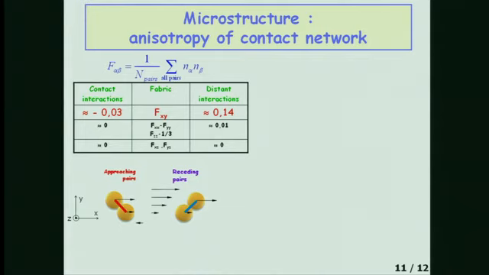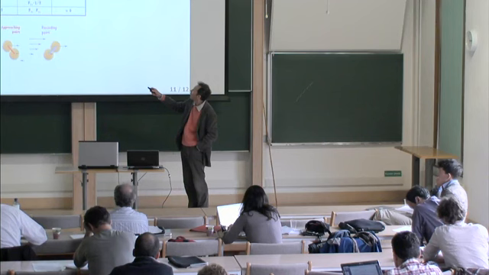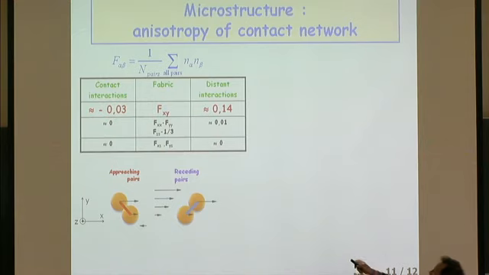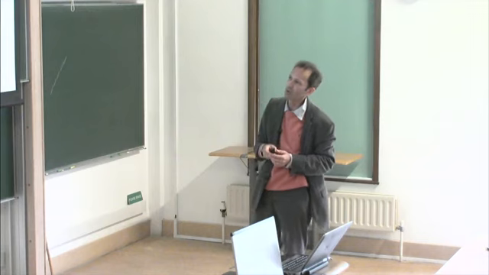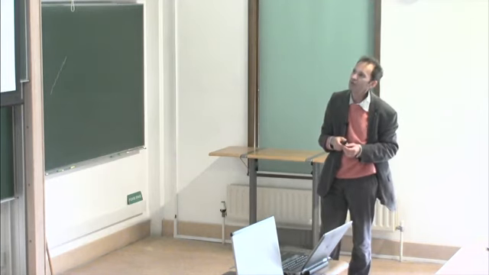Here what is shown is that there are essentially two components which are strong, and the stronger one is the one associated to distant interactions, and this is associated to the receding particles, while the other smaller value is associated to approaching pairs and corresponds to contact interactions.